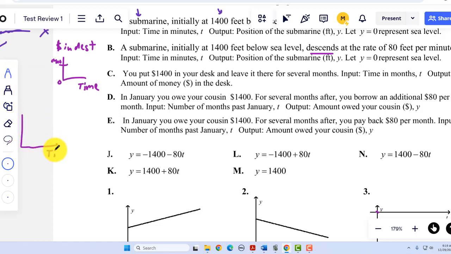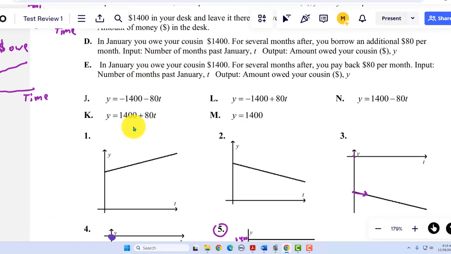Right, this is time, and you owe 1,400, and you keep borrowing money, the amount you owe is going to increase. So letter D corresponds to graph number 1 and letter K. Right? You borrow 1,400 and then you keep borrowing another 80.